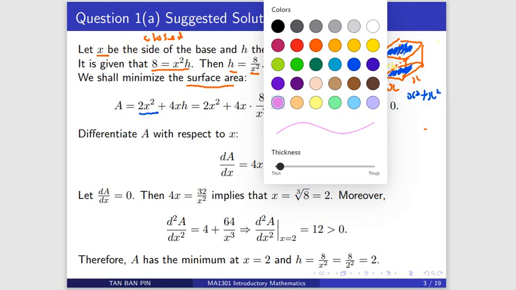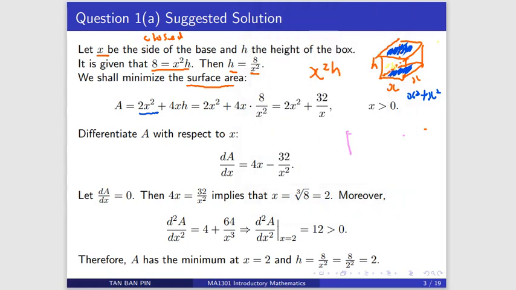You should have 4 of them, with width x and height h, so 4xh gives you the 4 vertical faces.